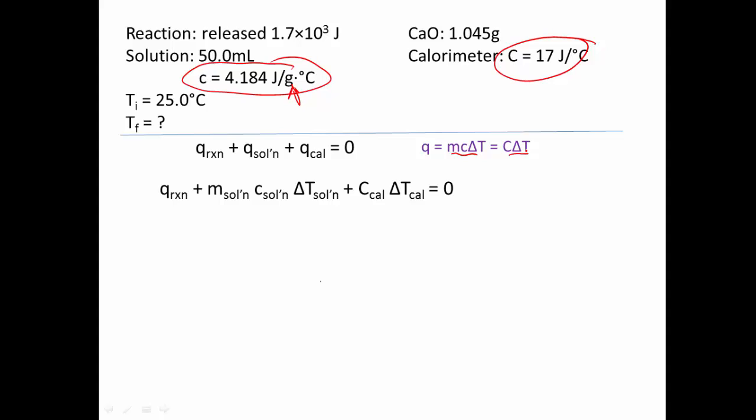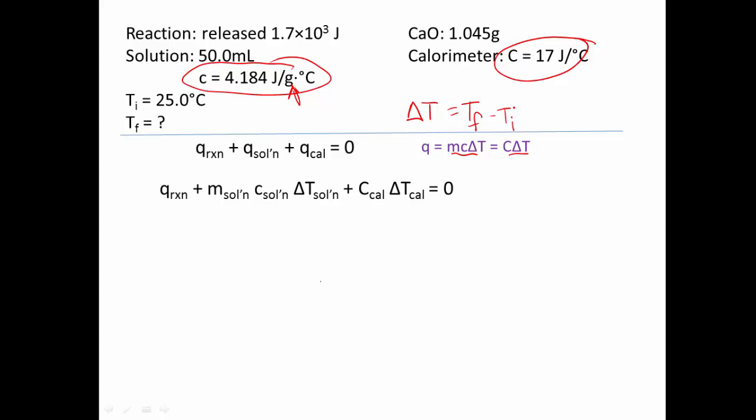As we substitute in our numbers, I will be substituting in for both of the delta T's, our final temperature minus our initial temperature. Now, in this case, there was only one initial temperature given, and we're only asked for one final temperature.